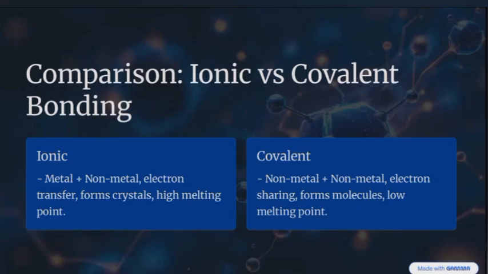So now we'll be having a comparison between ionic bonding and covalent bonding. Ionic bonding, as I said, involves metal plus non-metal, while covalent bonding involves non-metal plus non-metal.